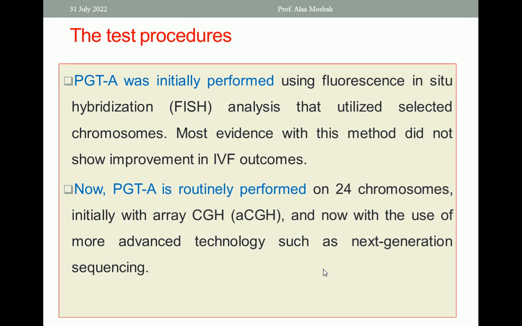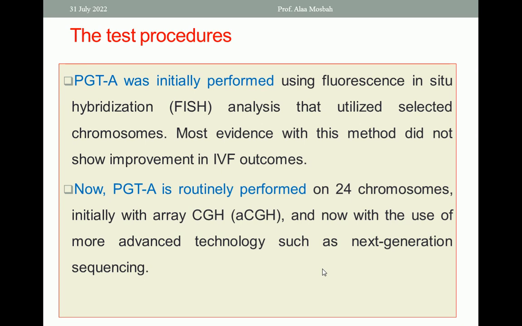So using fluorescence in situ hybridization analysis, which utilized selected chromosomes, was found not to improve the IVF outcome. But what is used now is better. Which one?